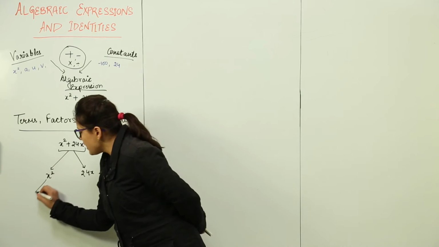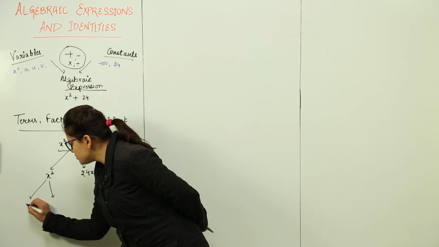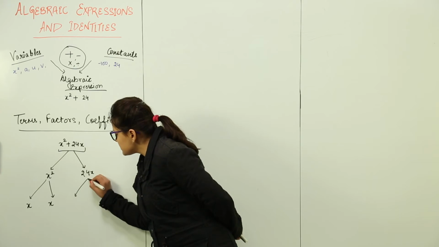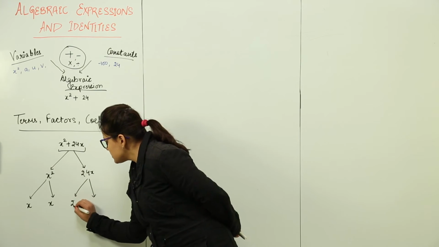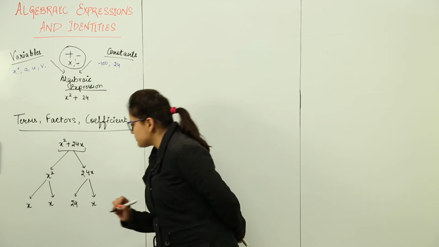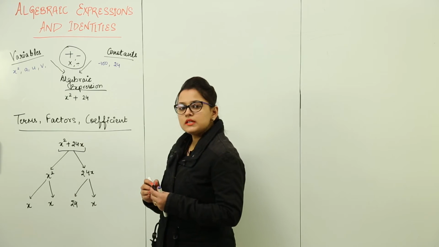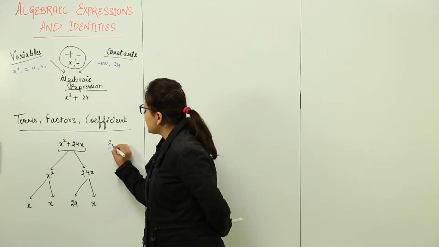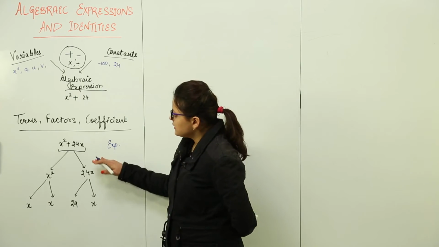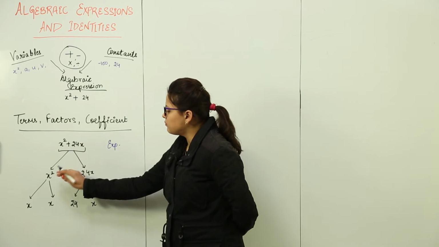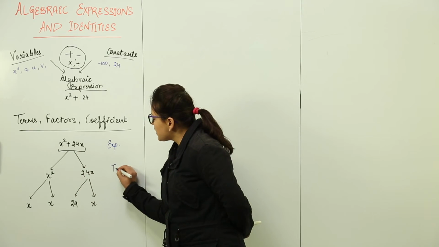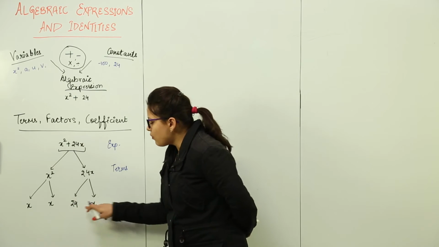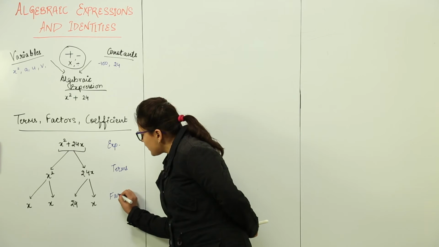Now again, x square consists of two things, that is x and x. 24x consists of two things, that is 24 and x. The first thing that you are seeing over here is my algebraic expression. Both of these next things are known as my terms. And the last ones, all four of them, will be known as the factors.